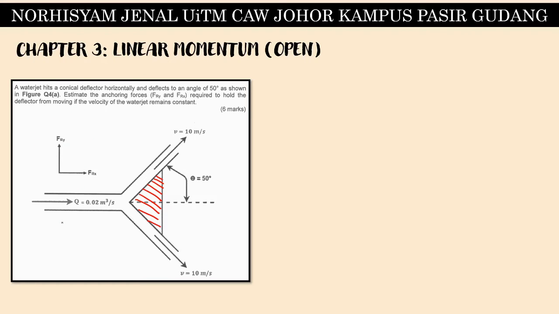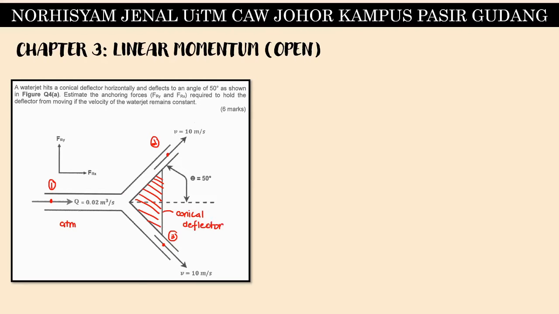First, this is happening at atmospheric condition, meaning over here, pressure at this point and this point and this point should be equal to 0. So we just assume this is point number 1, this is point number 2, and this is point number 3. Okay, so this is the conical deflector.